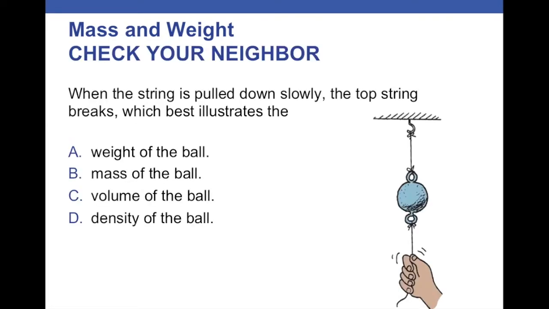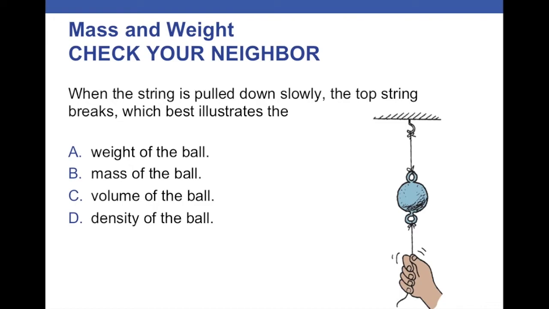Okay, I love this question. When a string is pulled down slowly, the top string breaks, which best illustrates? A, the weight of the ball, because now you have the force of the weight and the force of the string below acting on the string on top.